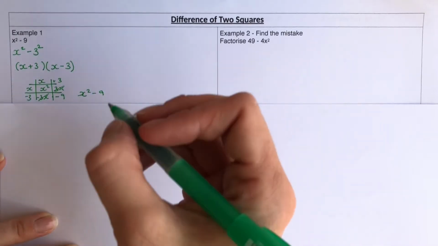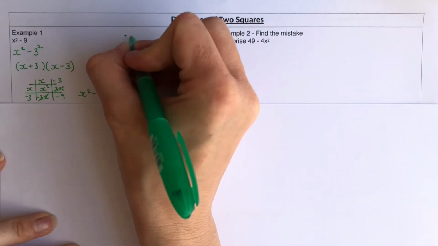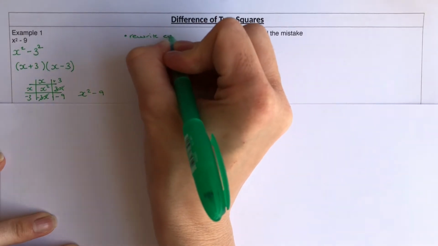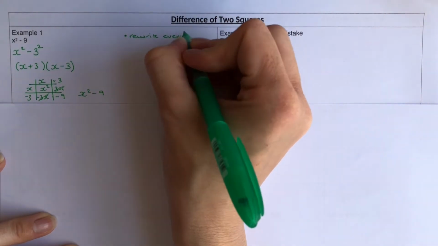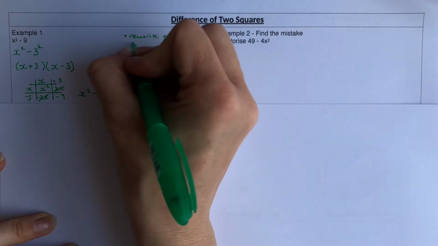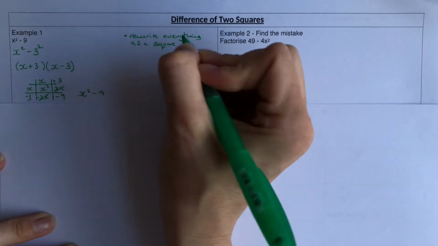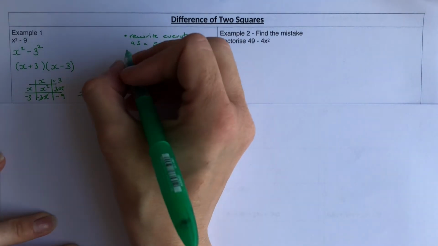Okay, so we're going to write the steps down there for how to do that. So the first thing is you rewrite everything as a square. So whether it's a number, a letter, you rewrite it as a square.